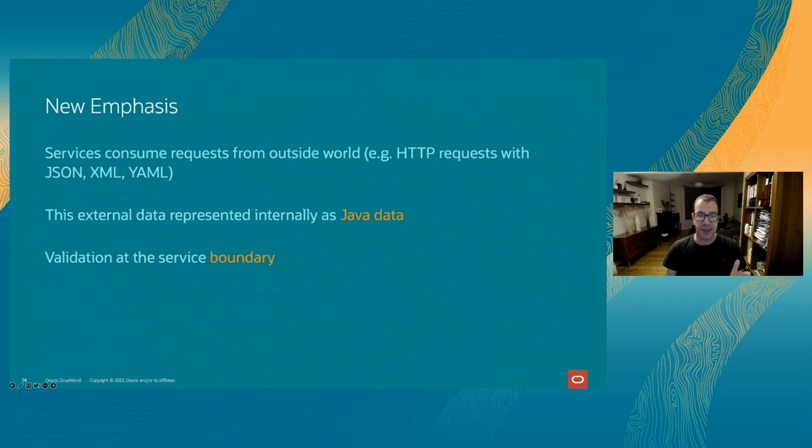We'd like to represent dates as classes like LocalDateTime, and lists as collections rather than some long comma-delimited string. So external untyped data should be represented internally as Java data. And of course, we'd like to validate that data at the boundary. So what we need is a nice way of representing this data as Java data.